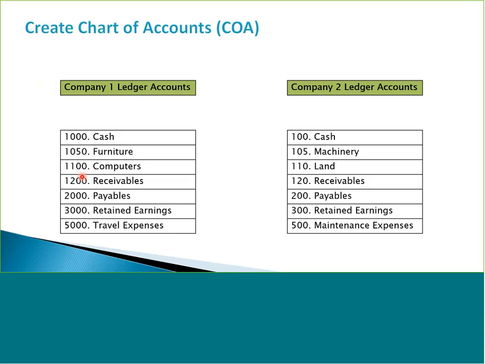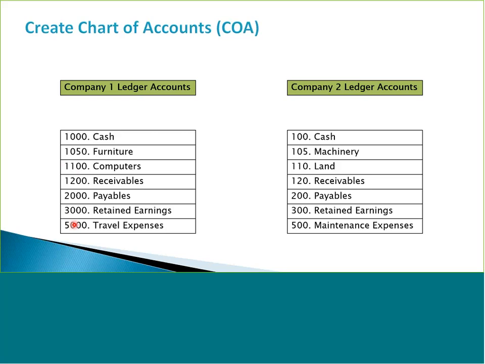So here on this slide, we have two lists of accounts belonging to two different companies. You can see under company one, we have an account called cash. We have another one called furniture. We have computers, receivables, payables, retained earnings, and travel expenses. These accounts are also represented numerically: cash 1,000, furniture 1050, computers 1100, and so on.